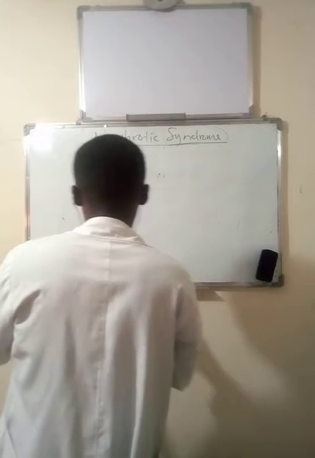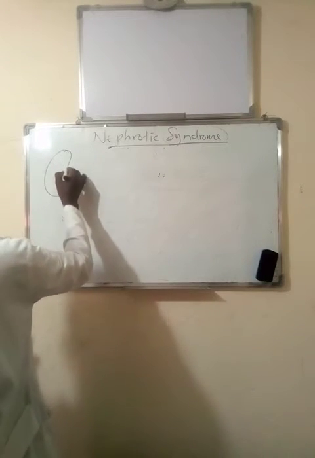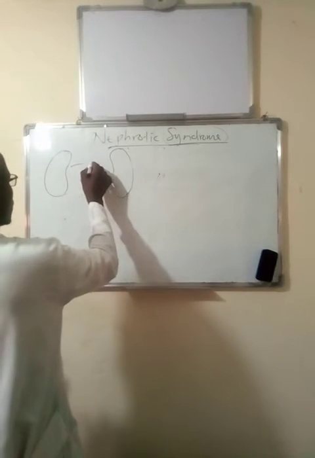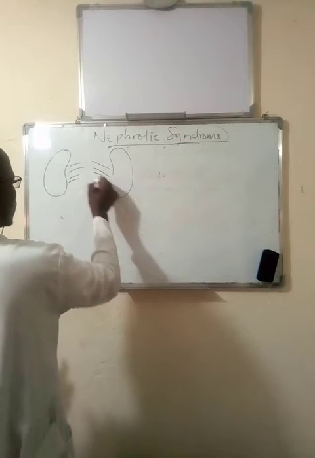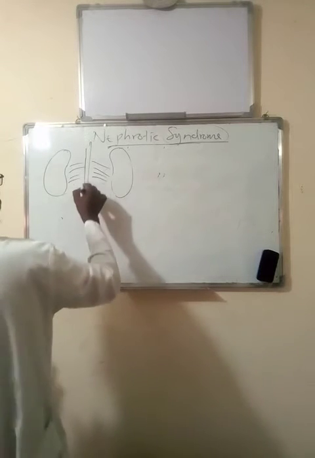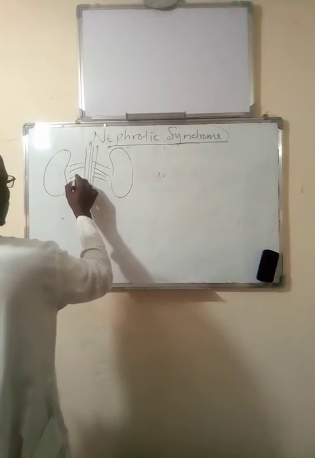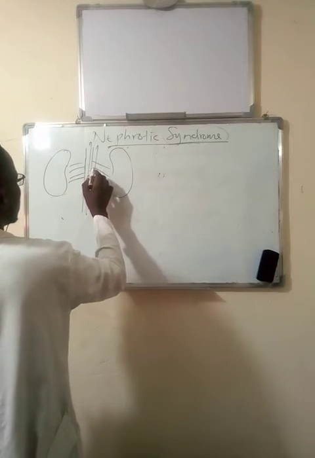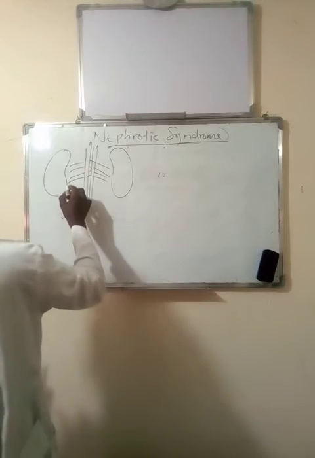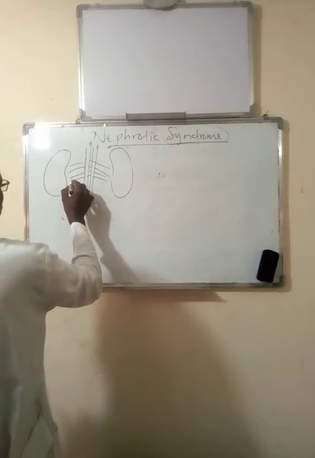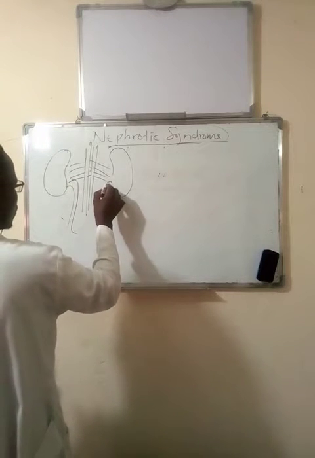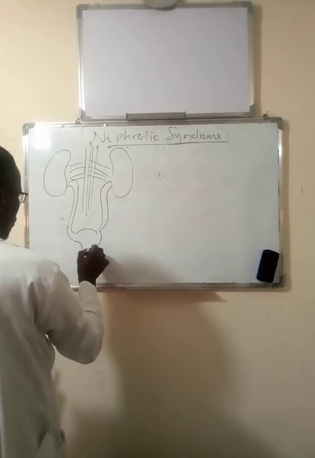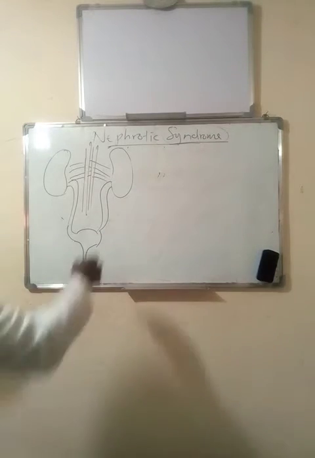Understand that we have two kidneys, the left kidney and the right kidney, then the ureters and so on, and the bladder here, and then the urethra. So those are the kidneys.